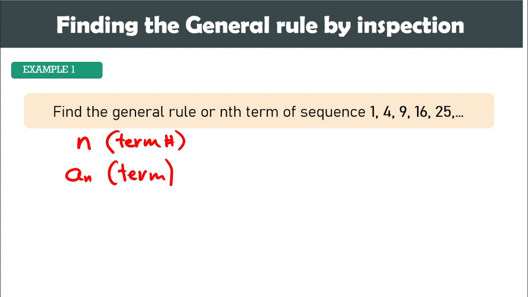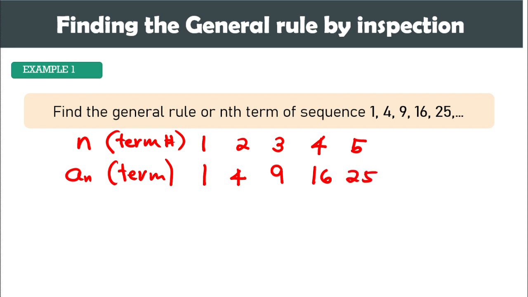When n is 1, a sub 1 is 1. If n is 2, we have 4, then 9, and a sub 4 is 16. A sub 5 is equal to 25.